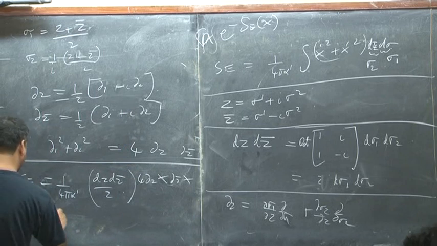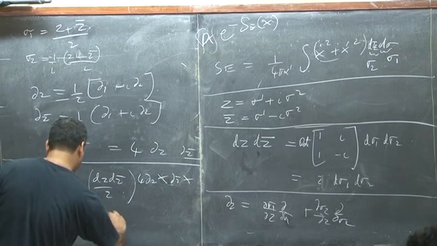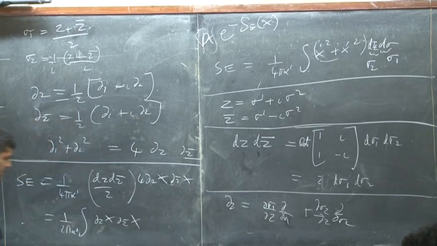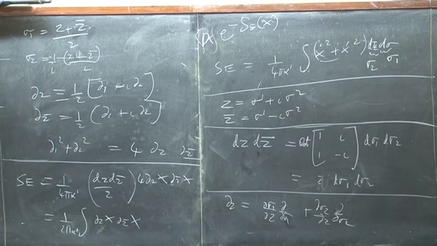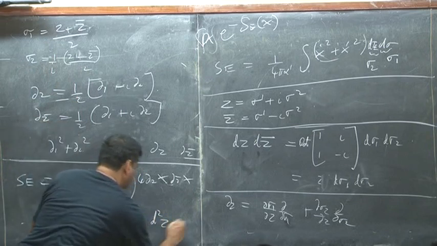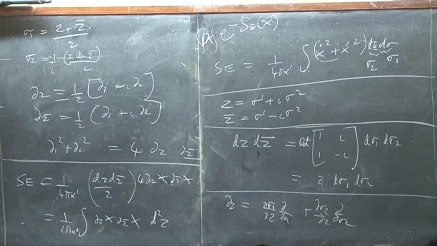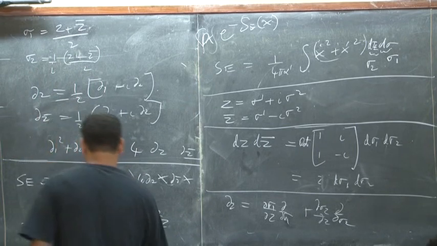Okay, and therefore we get 1 by 2 pi alpha prime del z x del z bar x. This is what he has. Yeah, good. That's what he has as well. Okay, so we have 1 by 2 pi alpha prime del z x del z bar x. That's our Euclidean action. All this is trivial, it's a matter of rotation. Okay? It's just a matter of rotation, but okay. Fine.